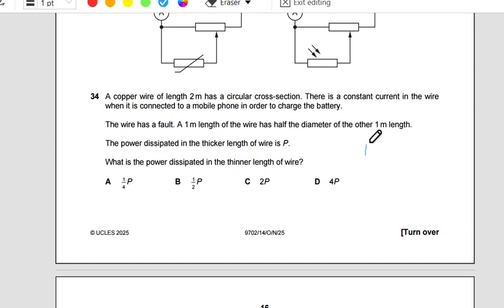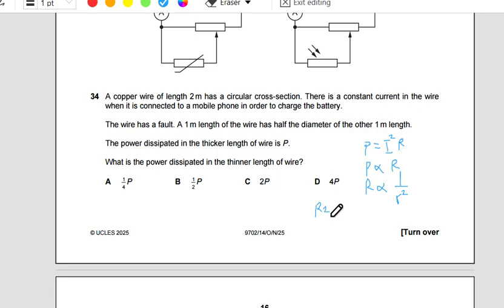So we have that power equals I squared R, and when I is constant, the power is directly proportional to R. Okay, and we know that R is inversely proportional to area, or r squared.